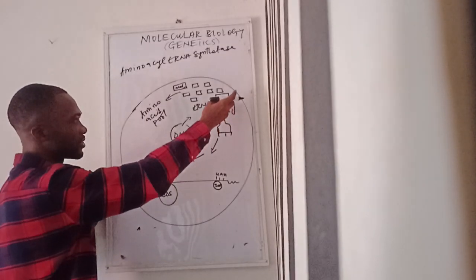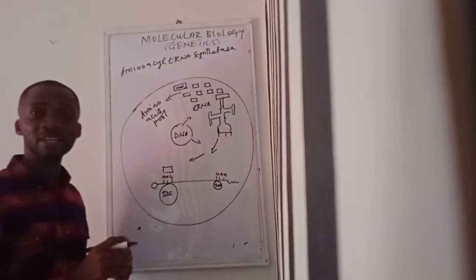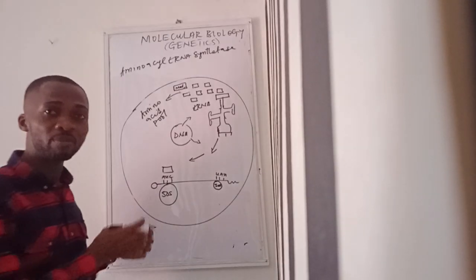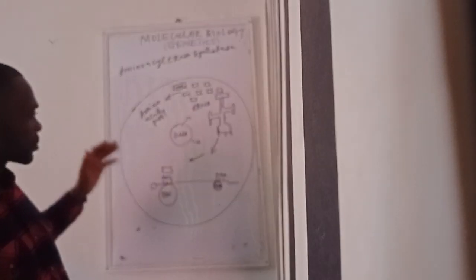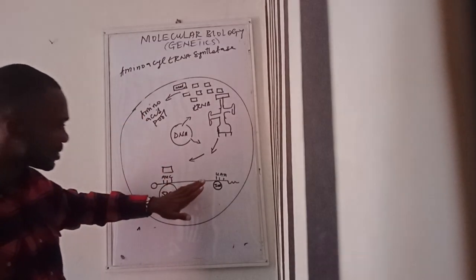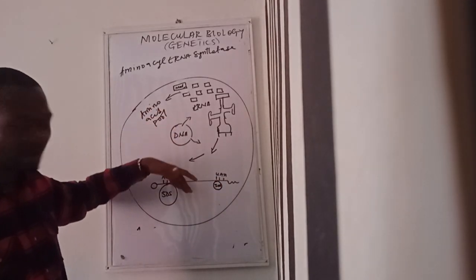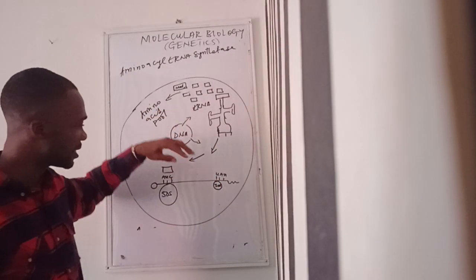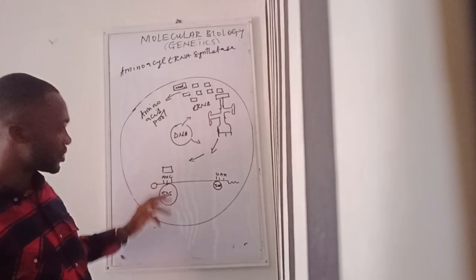So the transfer RNA comes to deposit the amino acid on the messenger RNA. This forms a large complex made up of the messenger RNA, the 30S subunit, the transfer RNA carrying the methionine, and the 50S subunit.